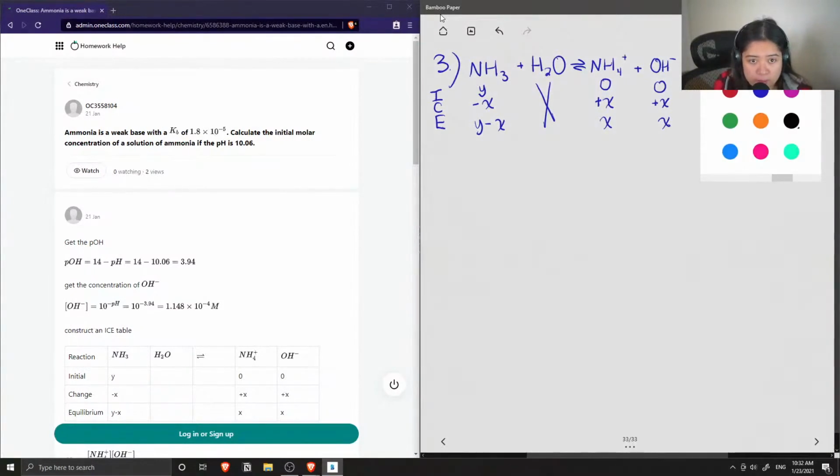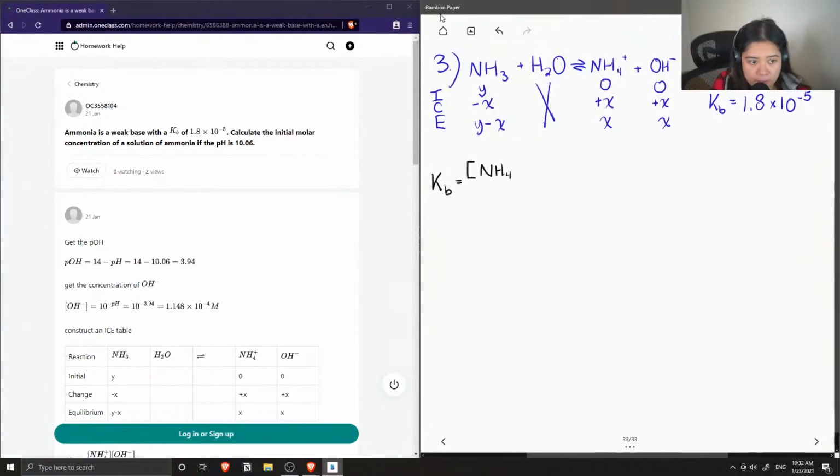Okay, so now let's write out an expression for Kb. So Kb is equal to the concentration of our products, so NH4+ times OH-, divided by the concentration of our reactant, which was NH3, and these are all at equilibrium.